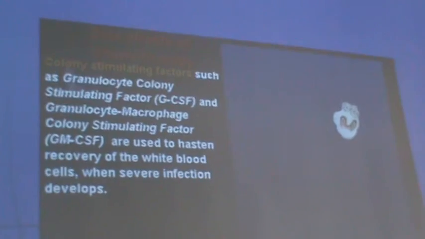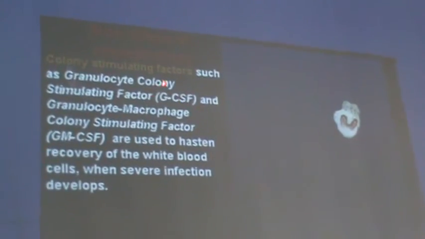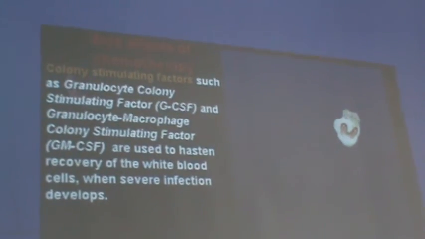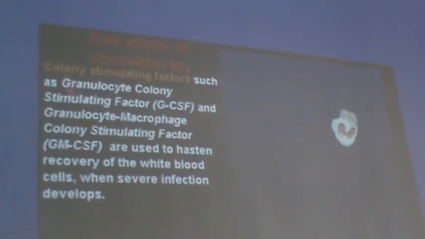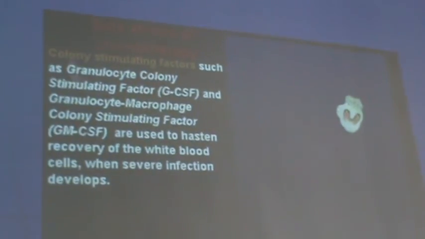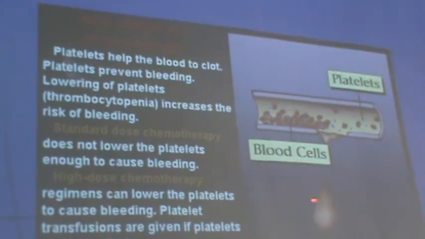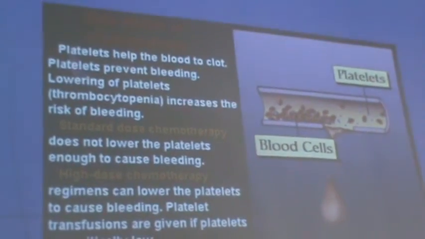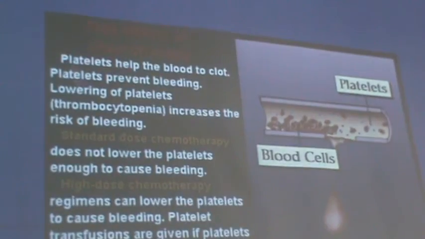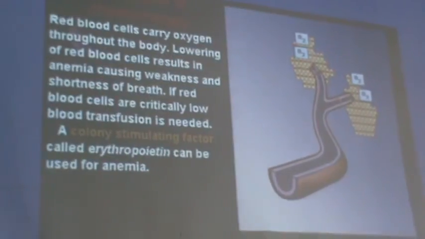Now we have what's called colony stimulating factors, granulocyte or granulocyte-monocyte colony stimulating factor, which can be given to improve the function of the bone marrow and to start early recovery. And usually platelets will not be reduced to the point of making the patient bleed spontaneously unless we give high doses of chemotherapy, where the platelets will be knocked down to a very serious level.